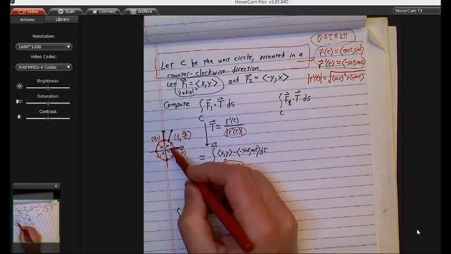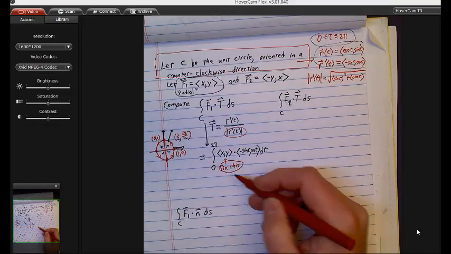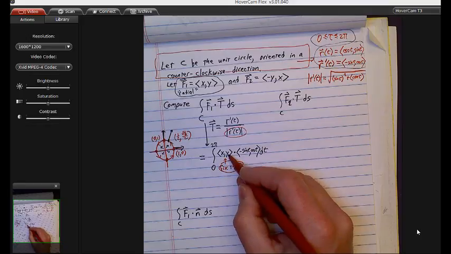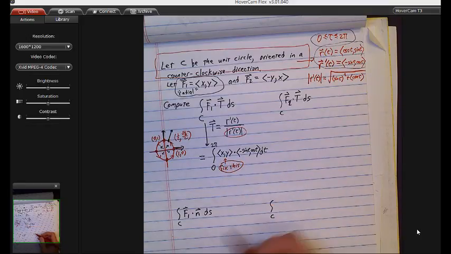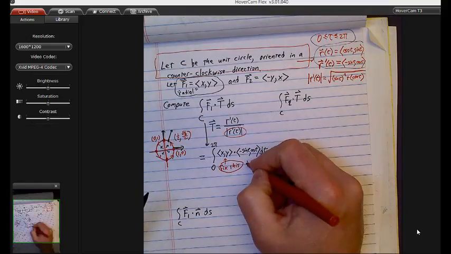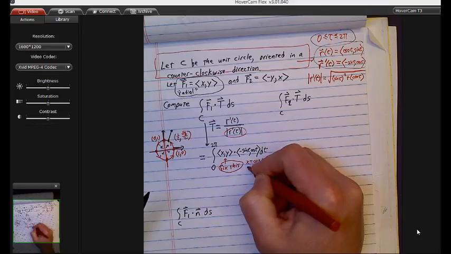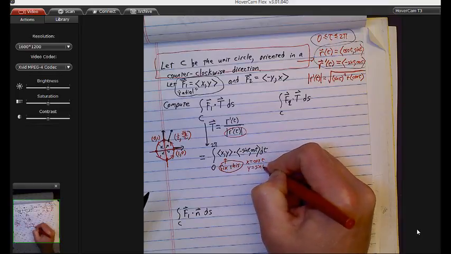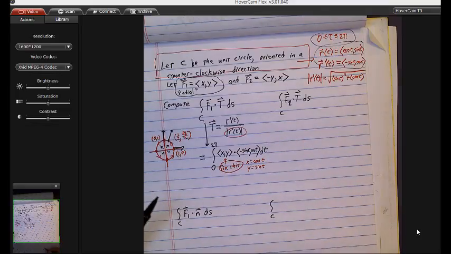We're talking about being on the unit circle. So really, what is x and y if I'm on the unit circle? Cosine t and sine t, right? So we'll fix this by using the fact that x is cosine t and y is sine t. Make sense?